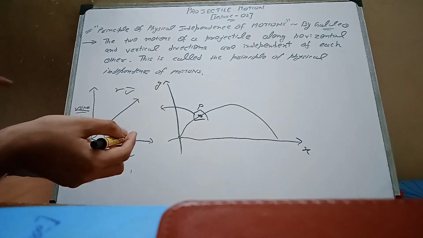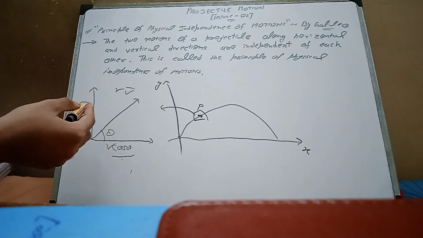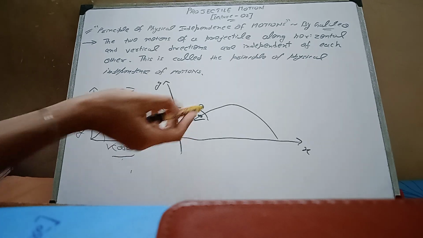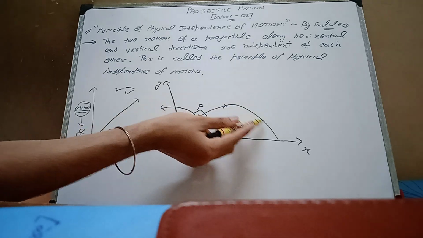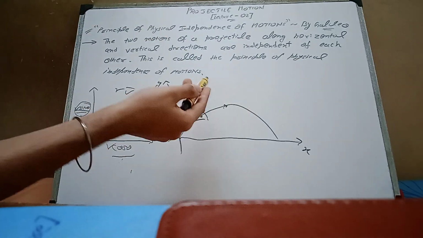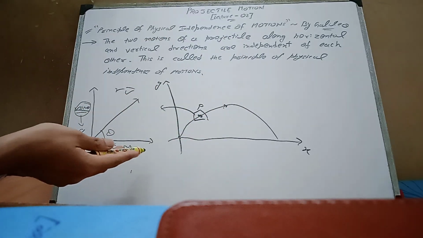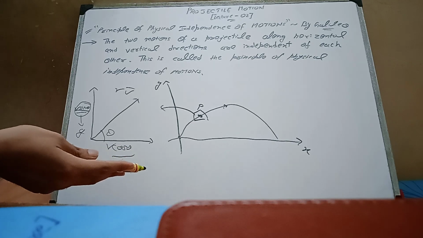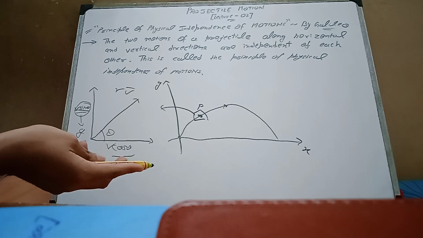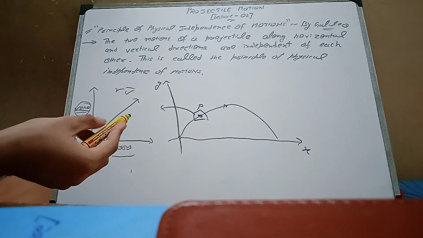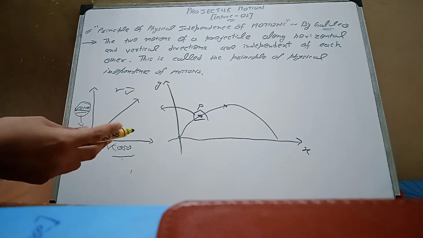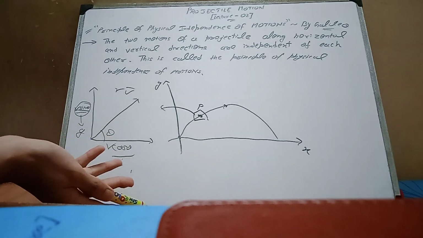Due to this g, the velocity in the vertical direction decreases till this point and then increases further in the next half of the journey. But v cos theta, on the other hand, remains constant throughout the journey. So this means that v cos theta and v sin theta are independent.